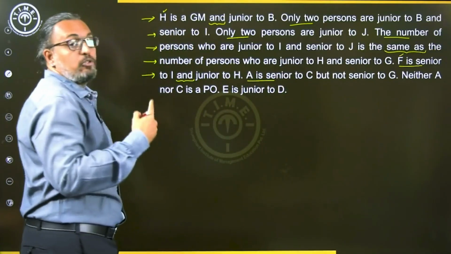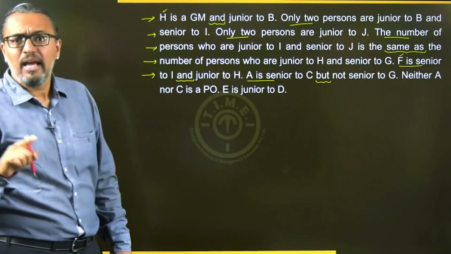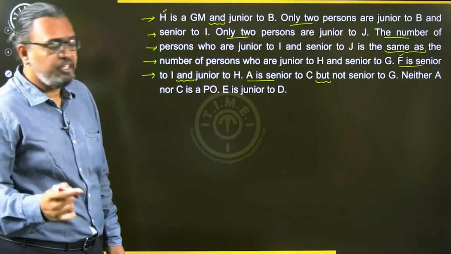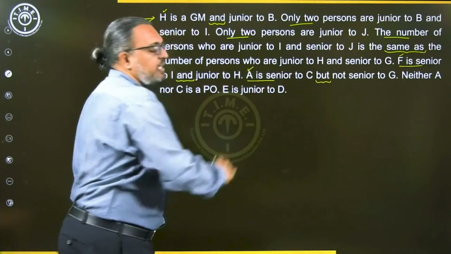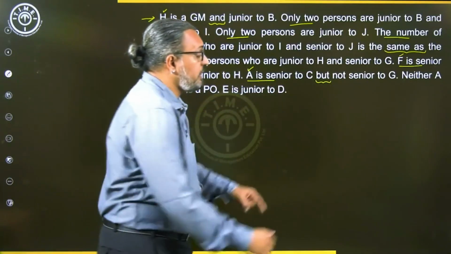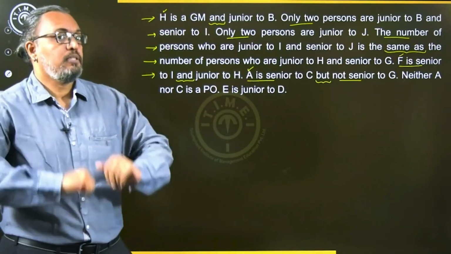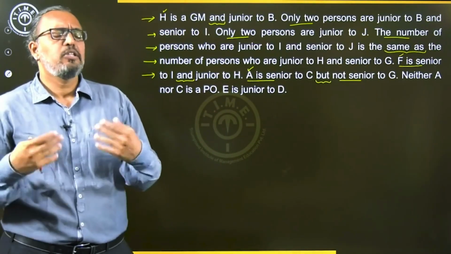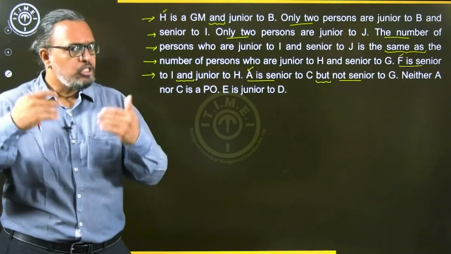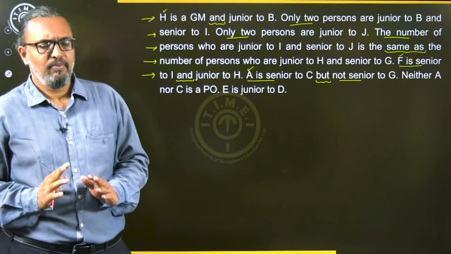Then, A is senior to C, but it has the same meaning as "and"; whenever "but" is given, it always refers to the first person, that is A. So, A should be above C, but not senior to G, meaning not above G. When he says not above, it has to be below, because no two people have the same designation.